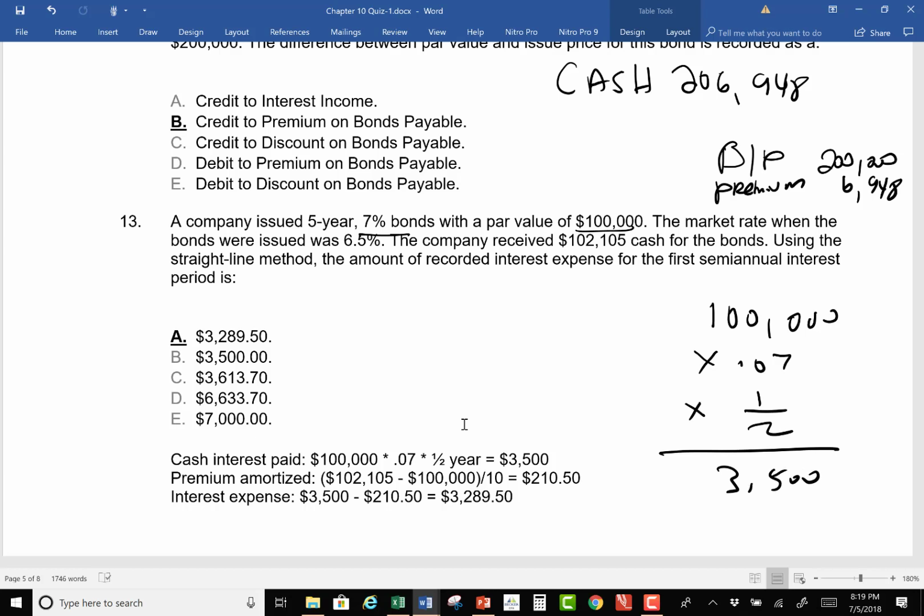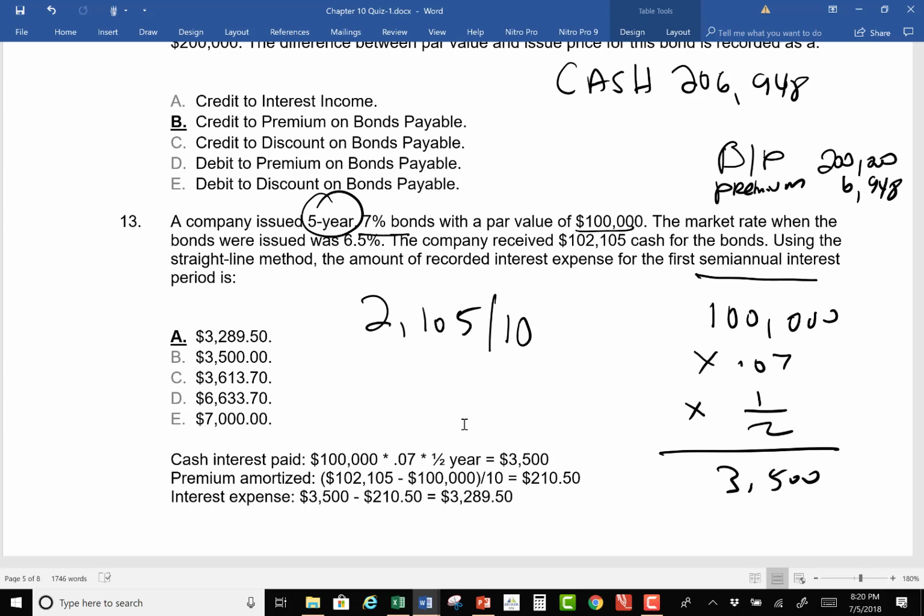Just get that out of the way. Then sit there and look at it. Was it a premium or was it a discount? This was a premium, so I take the 2,105 and I go ahead and I divide that by, and they tell me this is a semi-annual bond. So, and it was a 5-year bond, so I'm going to divide that by 10.